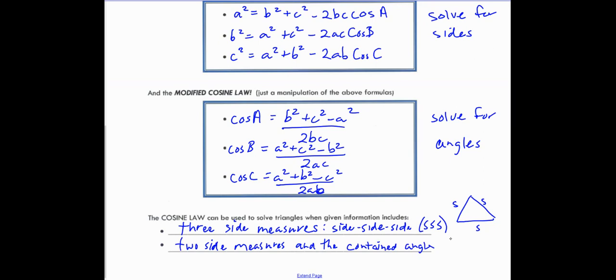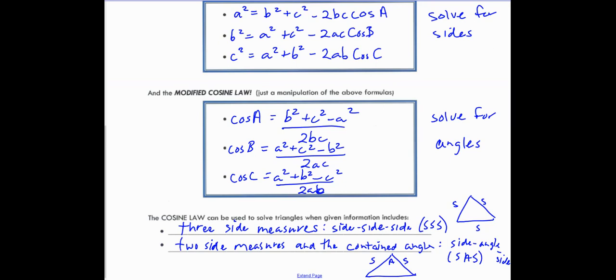And we call that side, angle, side. So SAS. And in that case, we would have something like this. We would know this side, this angle, and this side. So that's the way I want you to try to remember this.